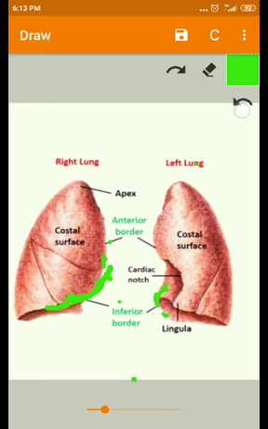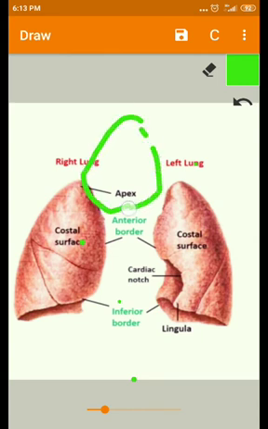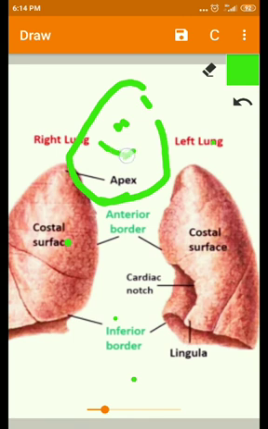Now coming to the medial surface. We can't see the medial surface here, but if you turn the right lung to the lateral aspect, it shows like this, and the root of the lung is present on the medial aspect.